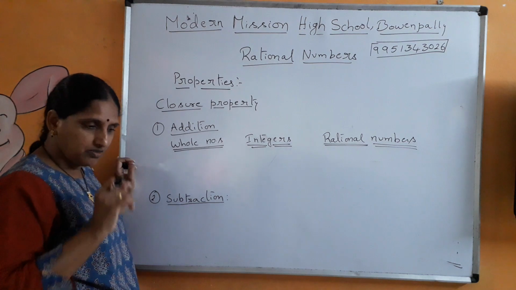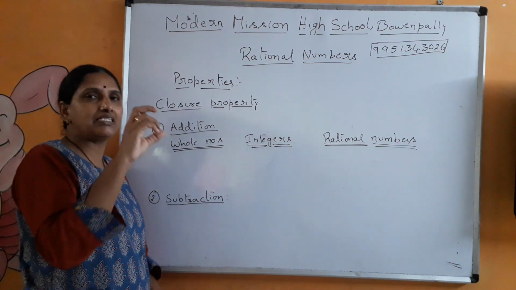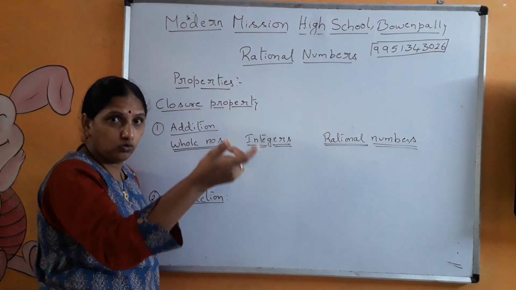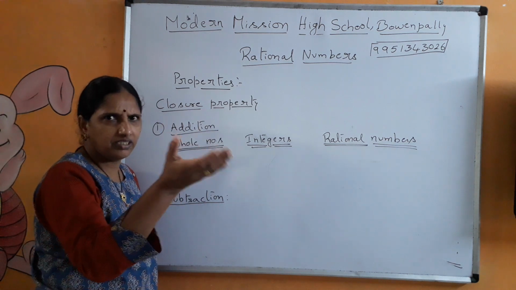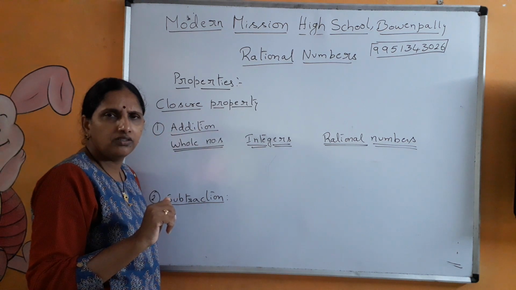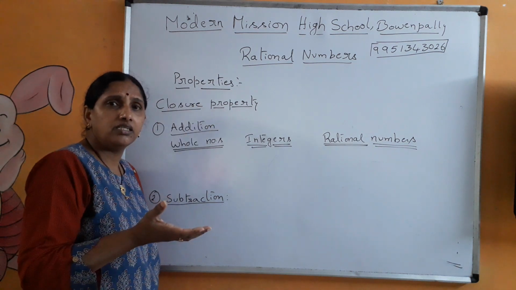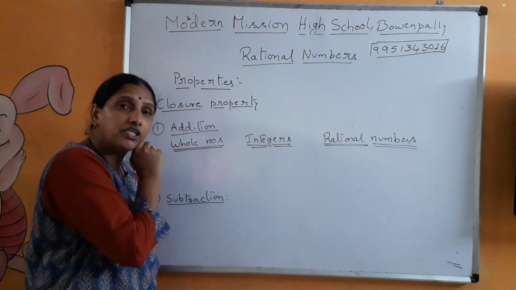Like with natural numbers, if you add 2 and 3, 2 plus 3, the result is 5. 5 is a natural number. So you can say that the closure property is obeyed by natural numbers for which operation?